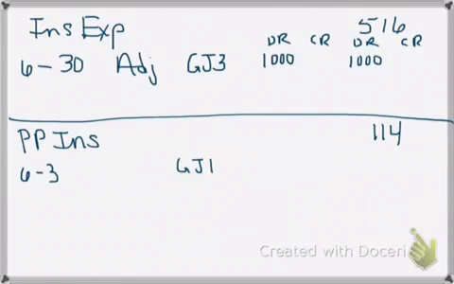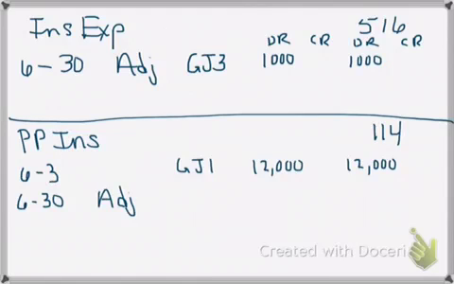It is General Journal 1, it was for $12,000, and we had a balance of $12,000 as a debit. Well, on June the 30th, we have an adjusting entry. So under item, we need to put adjustment. It was on page 3 of the General Journal, and it was for $1,000.